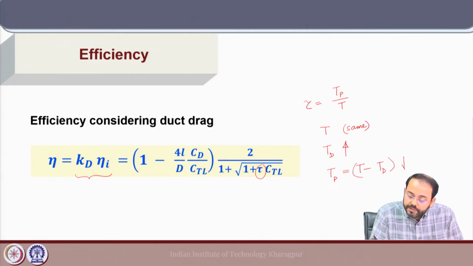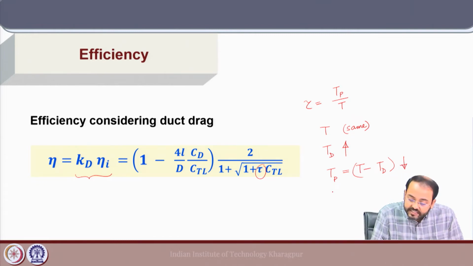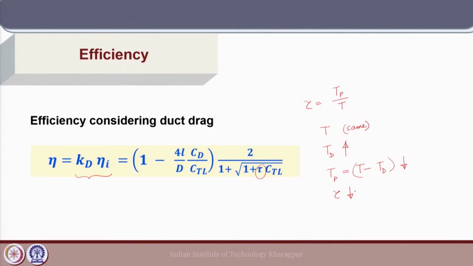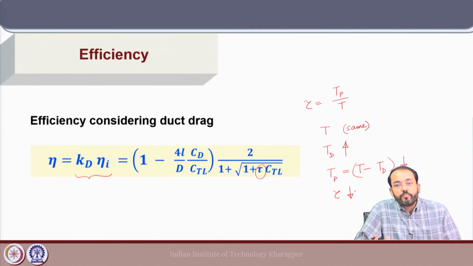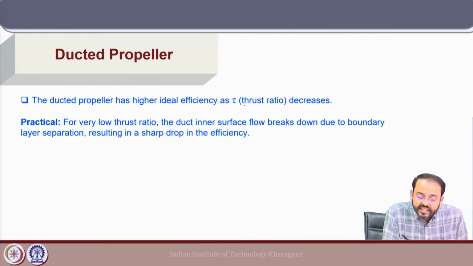So, this Tp must decrease and hence tau will decrease. So, for the same total thrust, if we have a larger component of thrust from the duct Td, then tau will decrease. That is mentioned here.